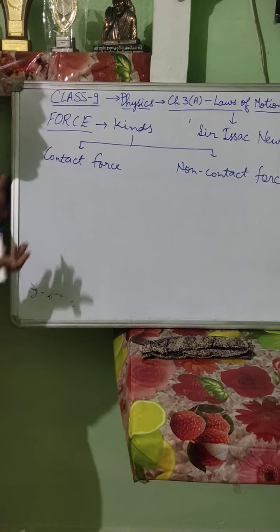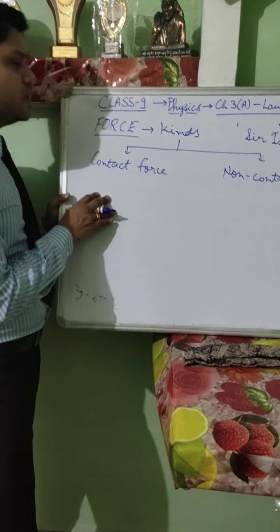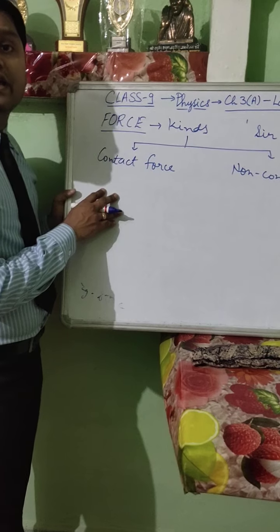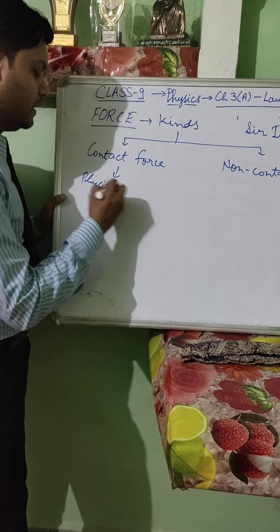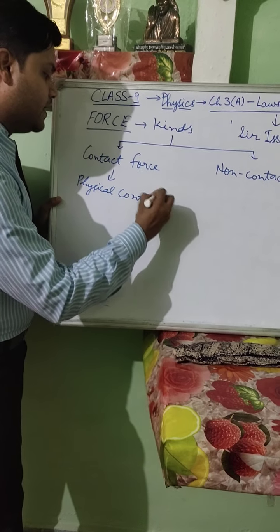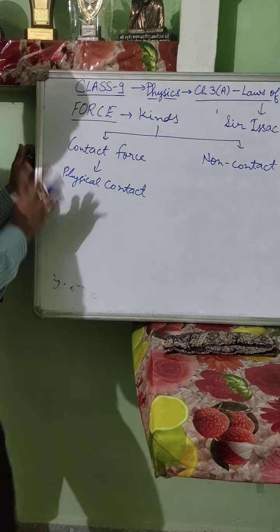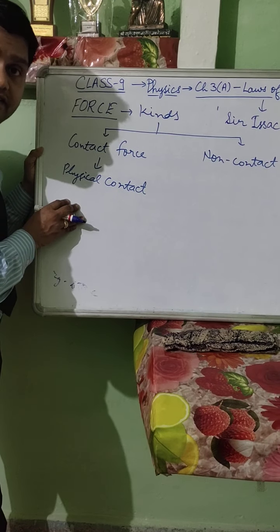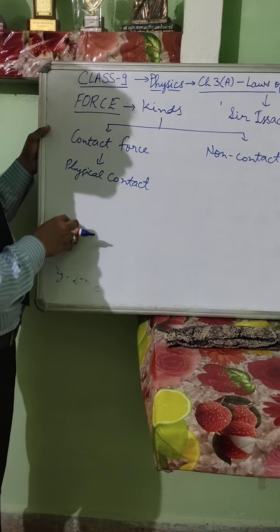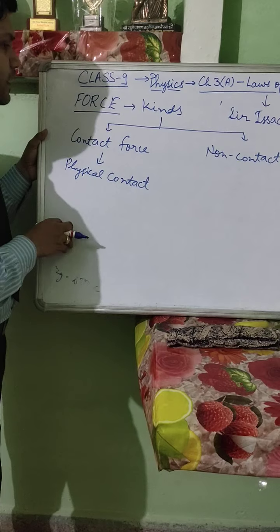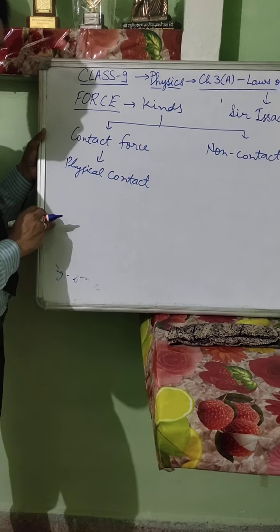From the name, we can tell that contact forces are the forces which are applied by making physical contact. Here, physical contact is a must. Whereas in non-contact forces, there is no physical contact. Contact forces are experienced only when bodies are in touch with each other, in physical contact with each other.